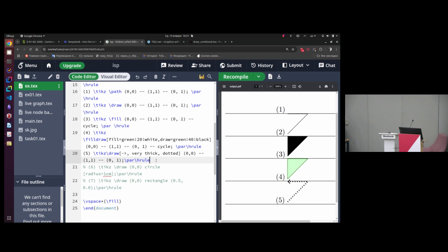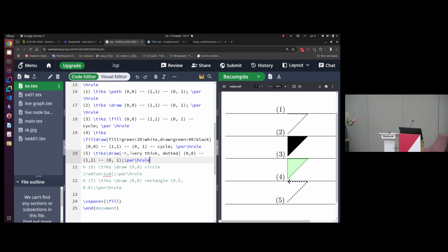First of all, this line should be an arrow. An arrow points to the direction to the right. If we change the direction of this arrow, it will go the other way. Other parameter of the line is that it should be very thick. So the parameters, I believe, are very thick, kind of normal, and thin and very thin. And it also should be dotted. Probably you know this parameter of the line.